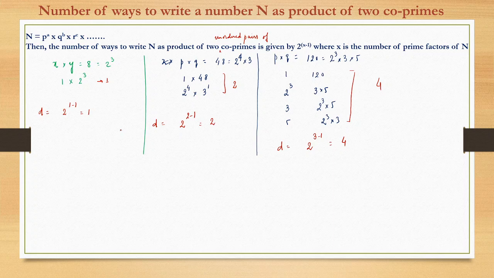But if the question is simply to find the number of ways, we can write only one way, that is 1 into 8. Here, if the number of ways is asked, it's only two ways, 1 into 48 and 16 into 3. But if it's ordered, then it will be four ways: 1 into 48, 48 into 1, 16 into 3, 3 into 16. So hope this is clear.